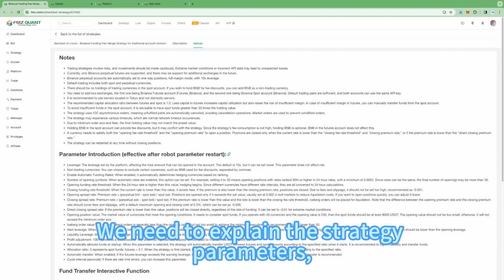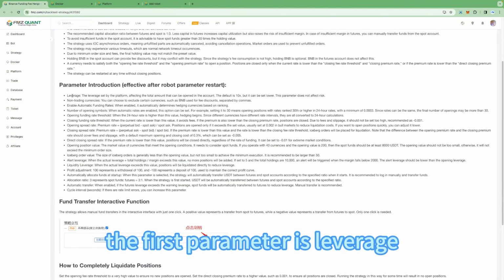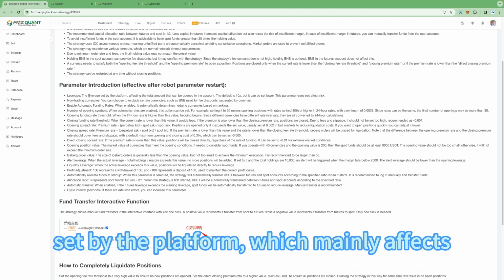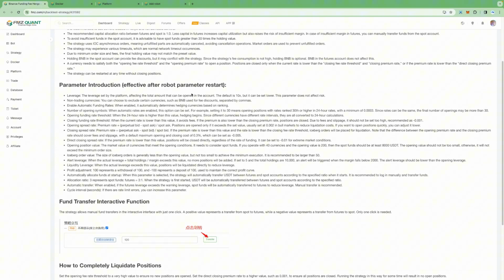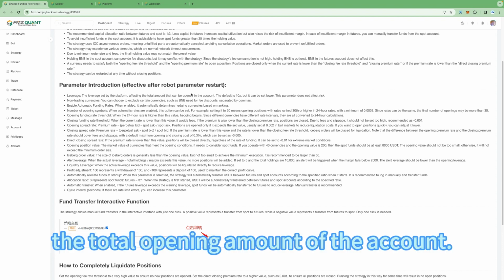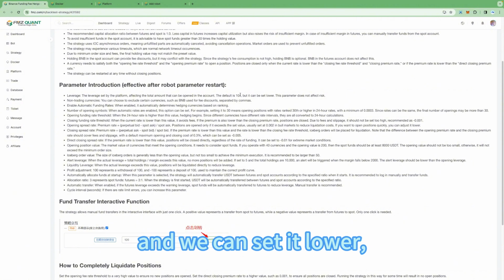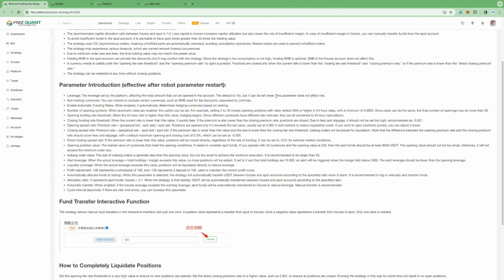We need to explain the strategy parameters. The first parameter is leverage, set by the platform, which mainly affects the total opening amount of the account. The default is 10 times, and we can set it lower.